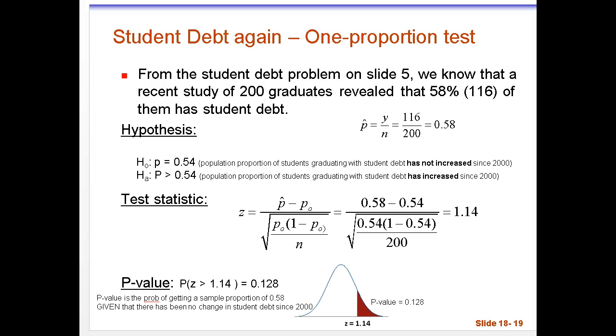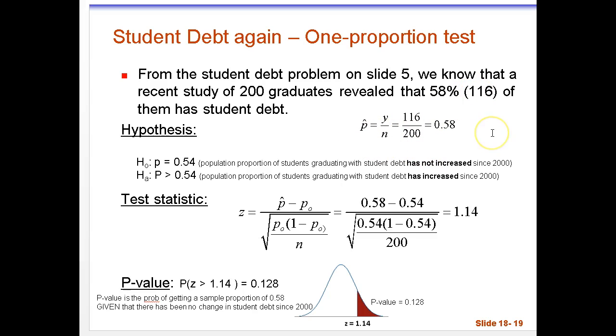Okay, we take the information that's given in the problem. We were simply told that 58% of our sample of 200 people, 200 graduating students, graduated with student debt. And if we work backwards, that's actually 116 of the 200.